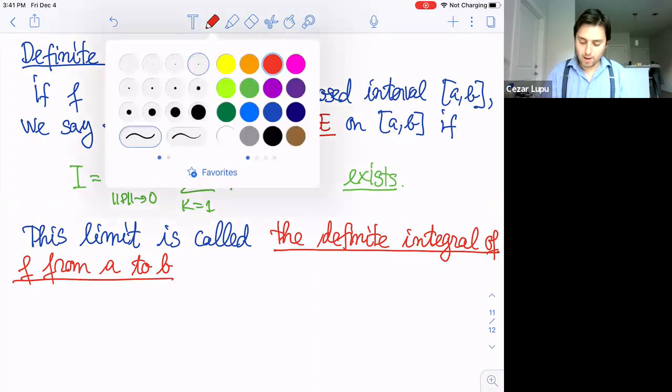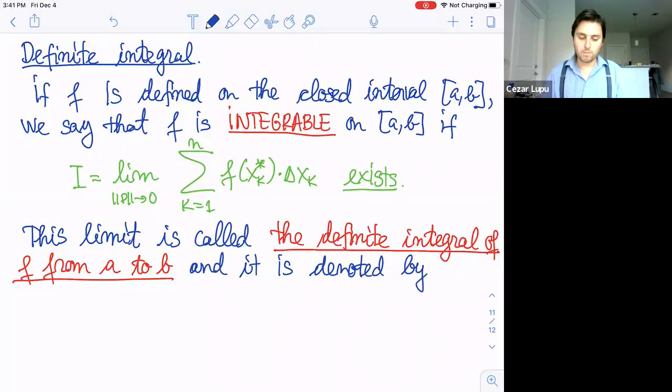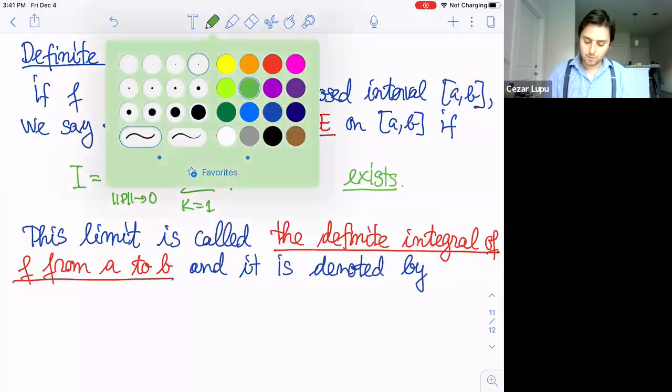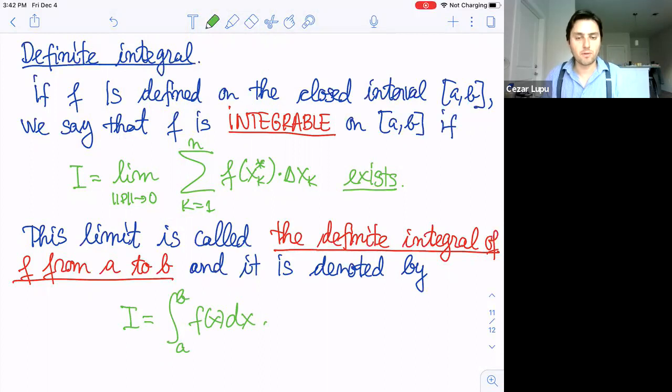And it is denoted by this guy here. So I will be nothing else than just the integral from a to b of f of x dx. Right? In other words, if you look at those two, that limit over there, provided that the limit exists, is nothing else than just the integral from a to b. And let me say a few words. Let me point out the following remark here.